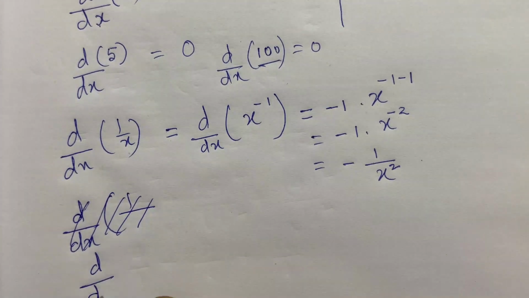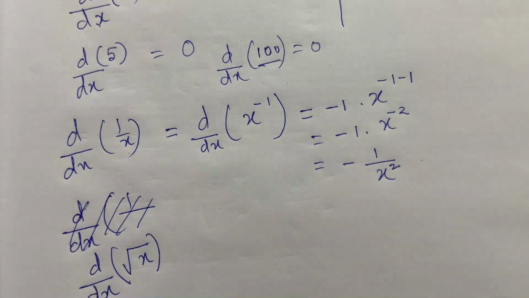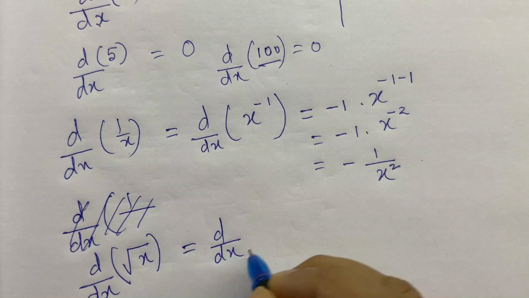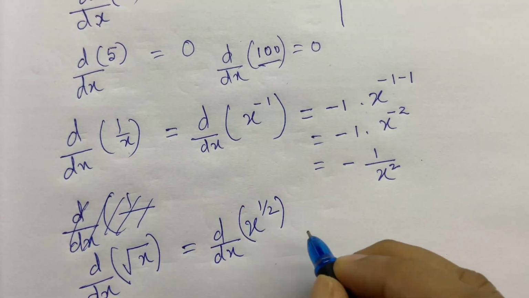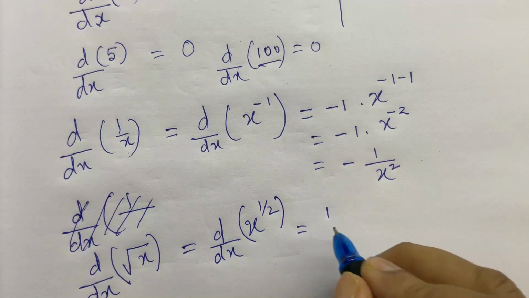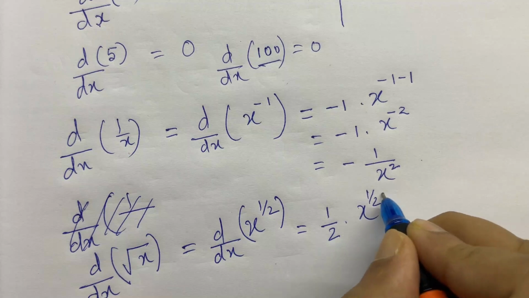So d/dx of root x. In the same way, you try to understand what is the power of x. The power of x is half, so that means n into x to the power n minus 1.